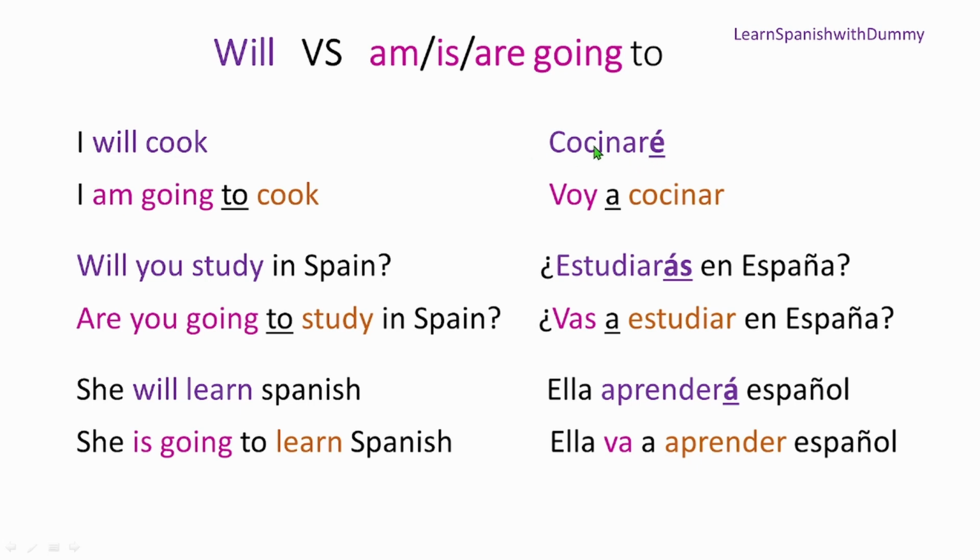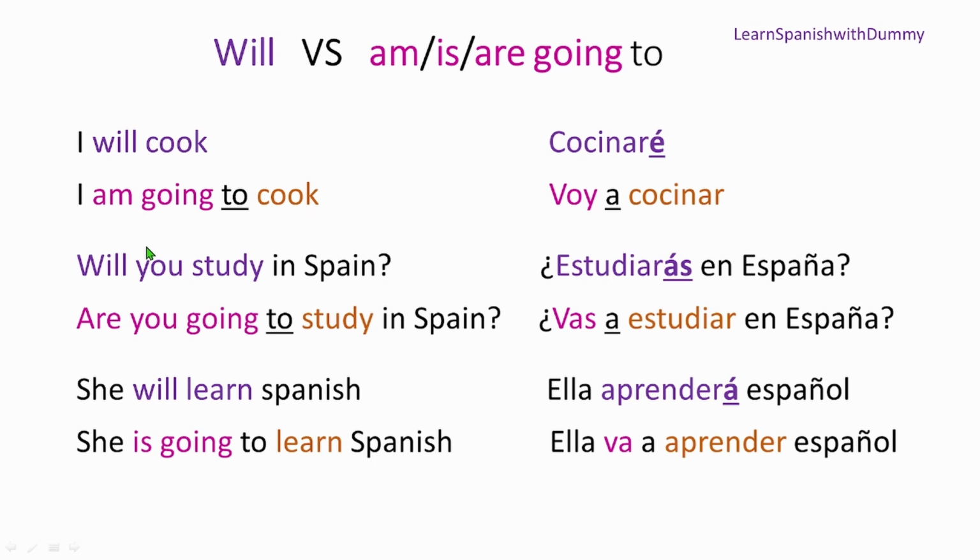It's either yo cocinaré or just cocinaré. Cocinar is the verb to cook, and we add the ending é, the rule for I will. Now, if you say I'm going to cook, that's also future: voy a cocinar. Voy means I'm going, and cocinar is cook. See the difference? Here we change the verb, but here we put the verb as it is.